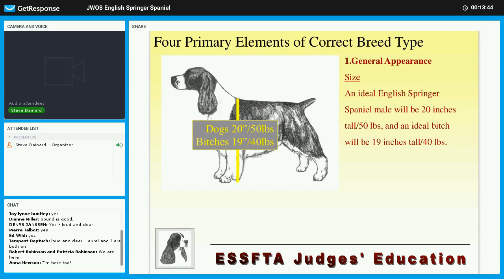So just remember that all are acceptable, and we're gravitating back towards what the ideal is, and that's 20 inches for a dog and 19 inches for a bitch. An inch either way between a dog and a bitch isn't really a lot, but you're also going to see feminine characteristics that say in your mind's eye this is a bitch and definitely not a dog.